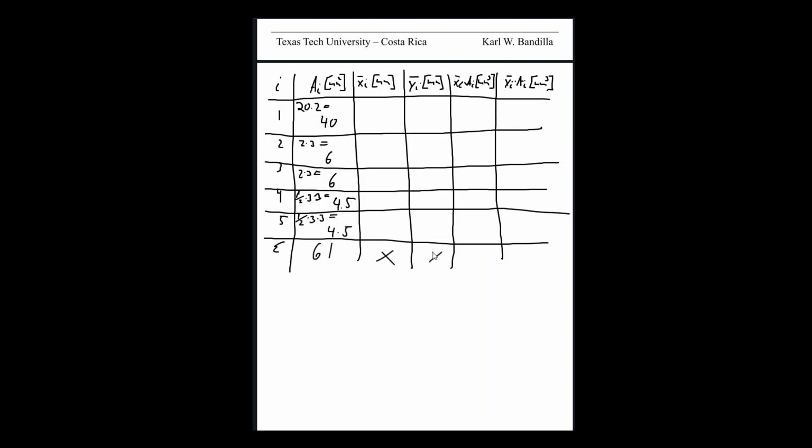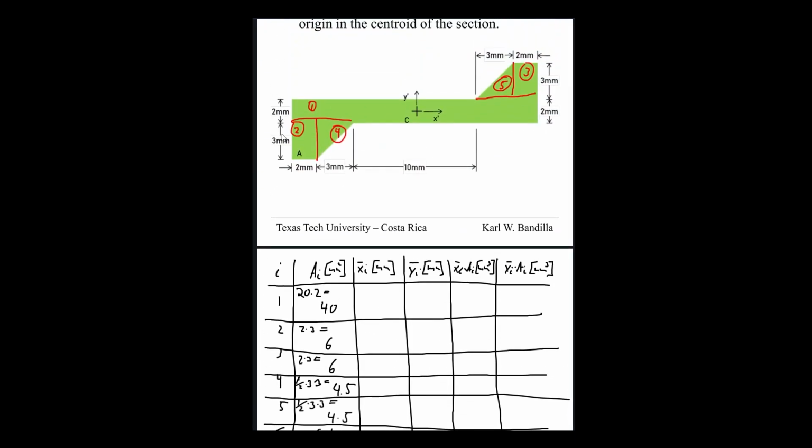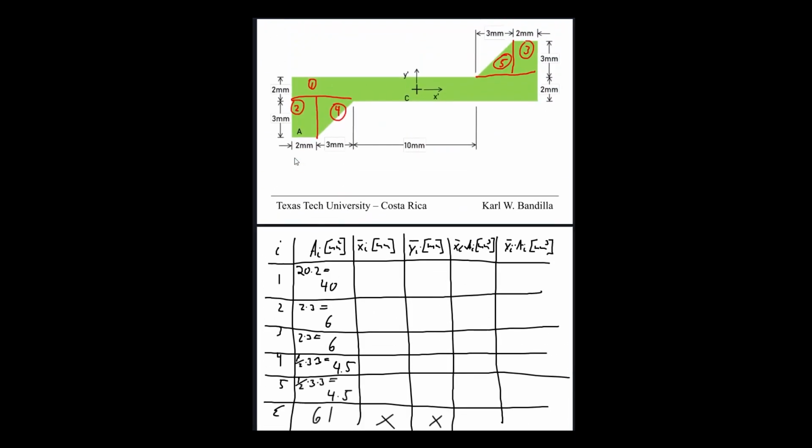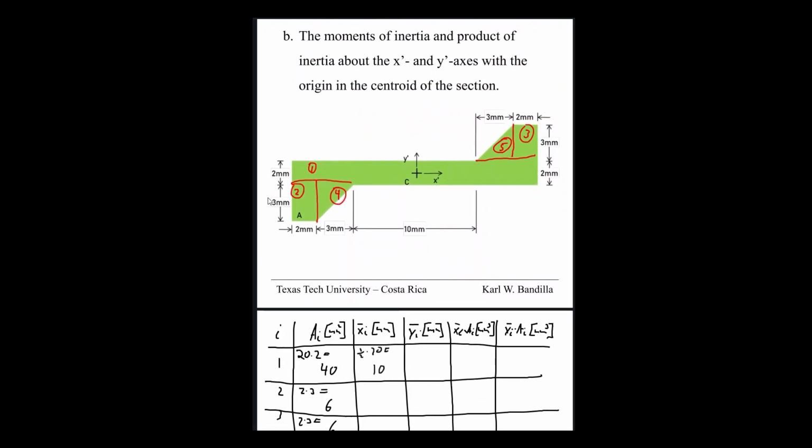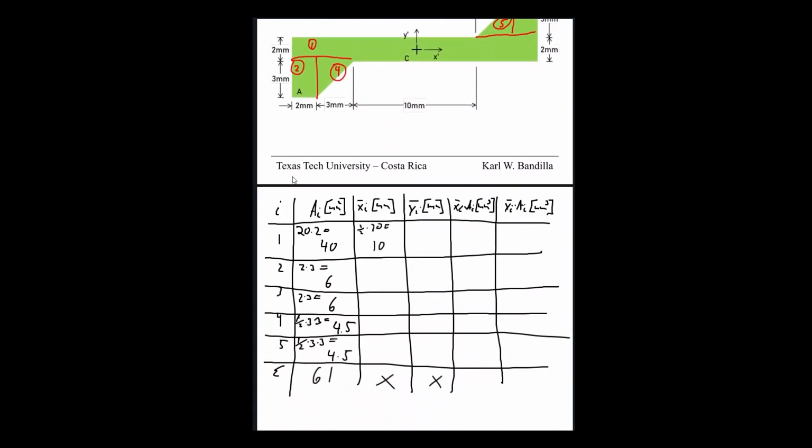No sums here. Now for my x_i, let's see, if I start here for the big one, x_i is just 1/2 times the length, so 1/2 times 20 is equal to 10. Then in the y direction, I'd get 3 plus 1/2 of 2, that would be 4.